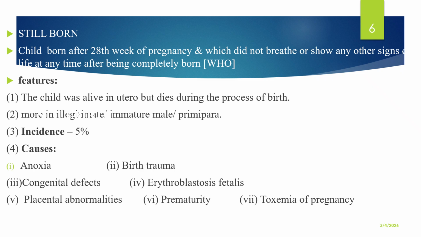The incidence of stillbirth is 5%, and the causes can be any of these, like anoxia, birth trauma, congenital defect, erythroblastosis fetalis, placental abnormalities, prematurity, and toxemia of pregnancy.